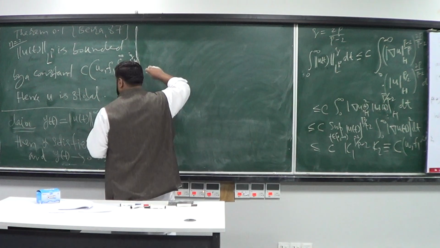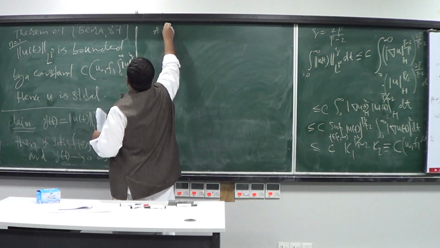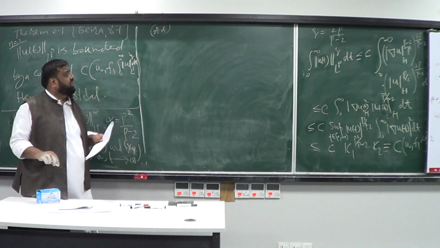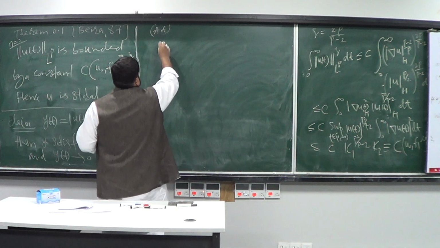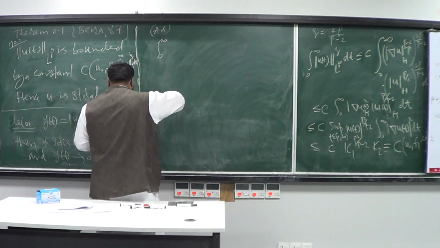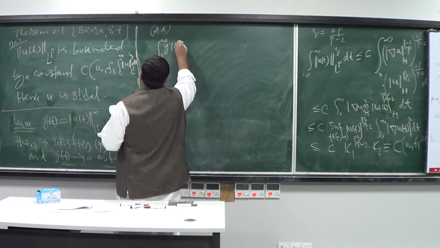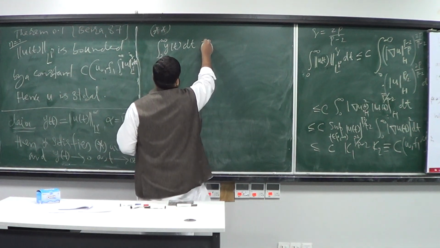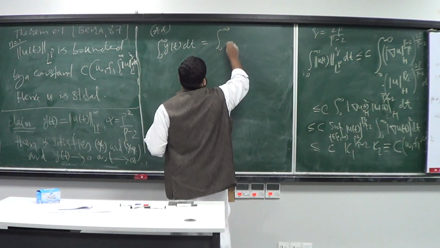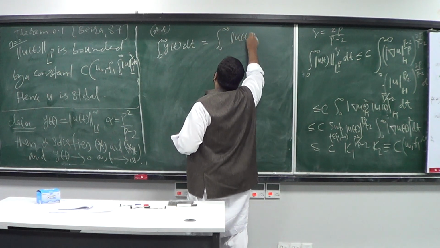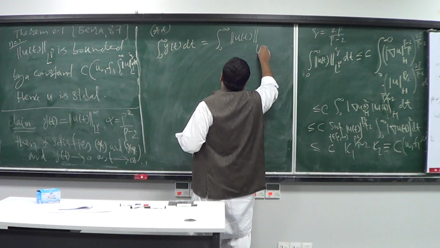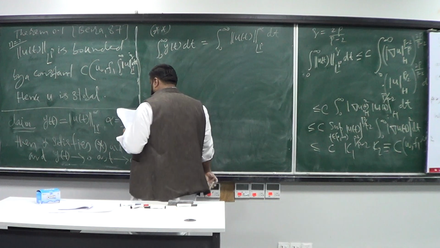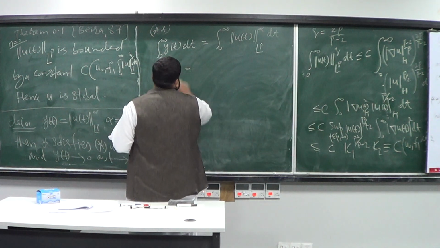So let's start with condition double star. What do we need to do? I need to integrate y of t dt from 0 to infinity, and y of t is the LP norm of u of t to the power alpha.